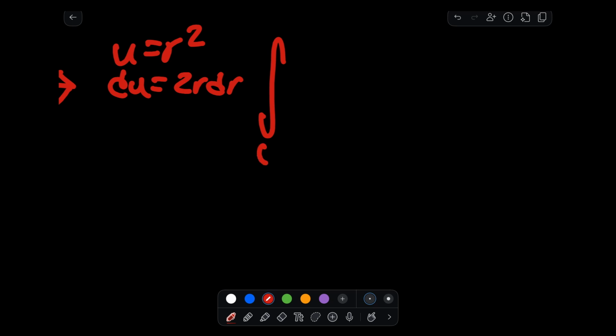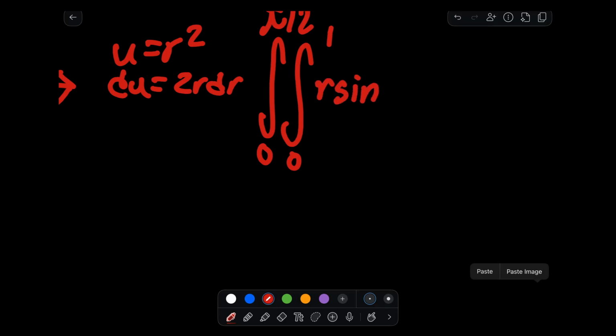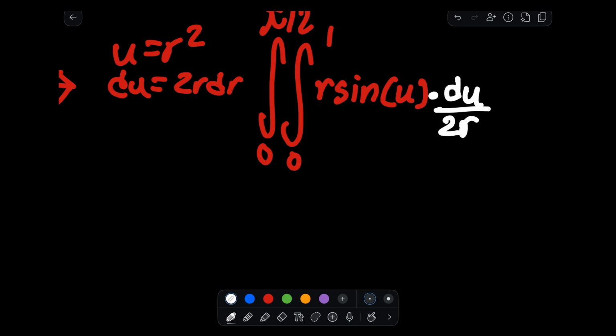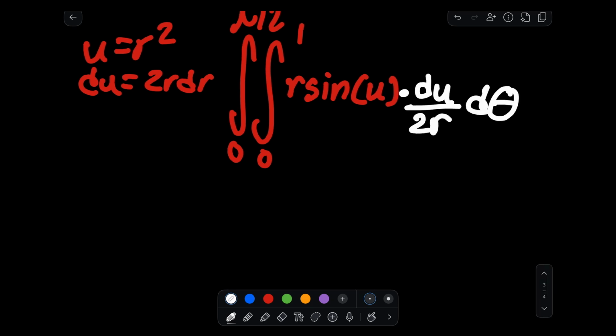So let's get back to this, 0 to pi over 2, 0 to 1, because if we plug in, 0 squared is 0, 1 squared is 1, right, just to make sure. Then we have our r sine of u times, I'm going to write this in white just to be extra clear what the u sub is going to look like, du over 2r d theta.